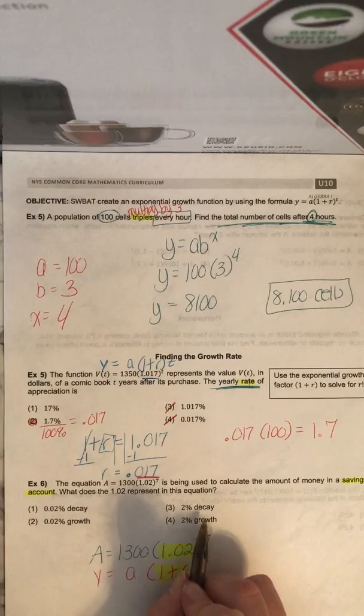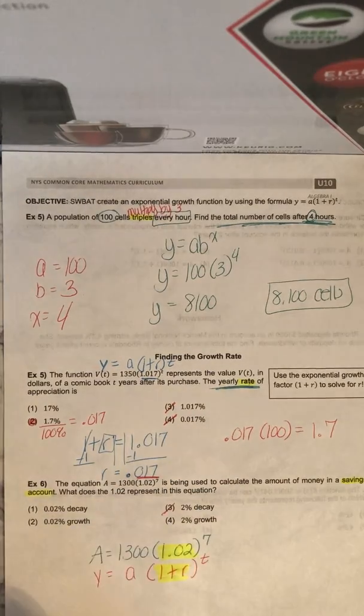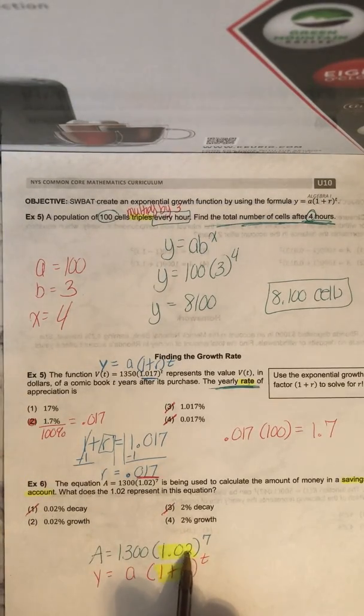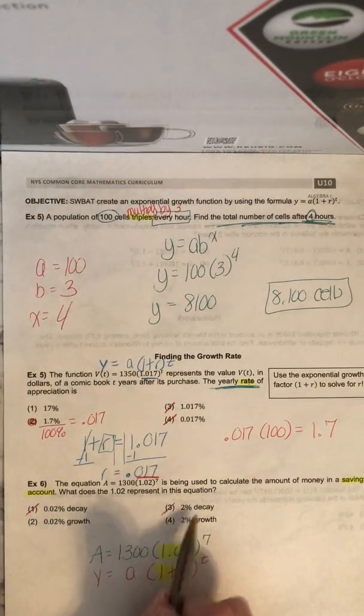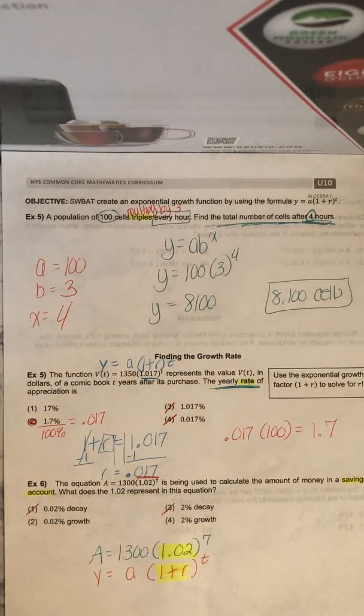I know that it couldn't have been a decay, so I'm going to cross out choices 1 and 3, because if it was a decay, this number inside the parentheses would have been less than 1. So for example, if you think of money, this would be $1.02. So I have more than 1. If it's decay, it would have to be less than 1.